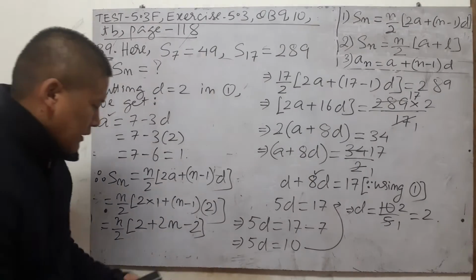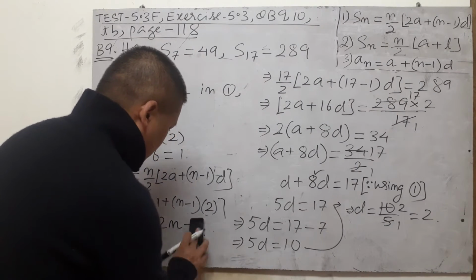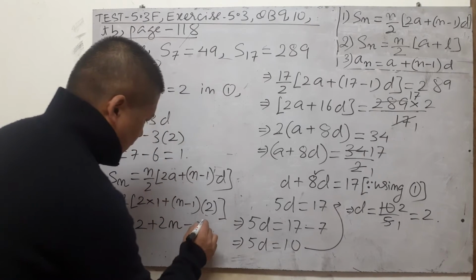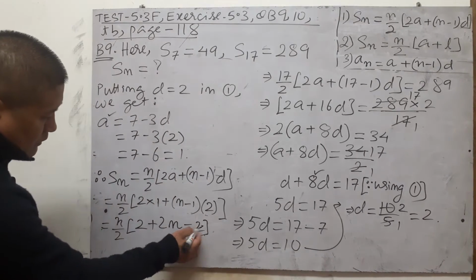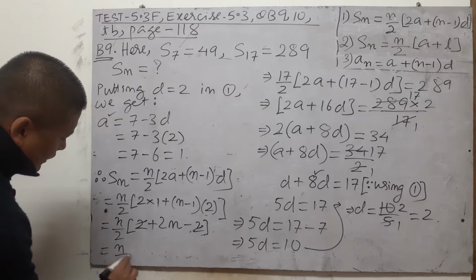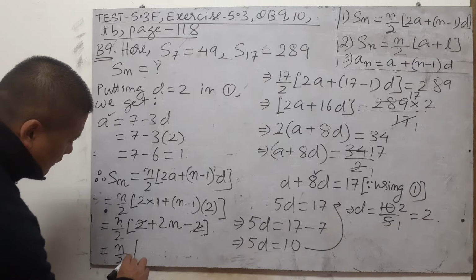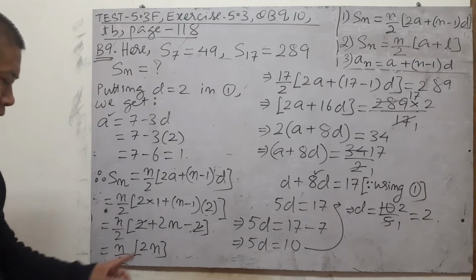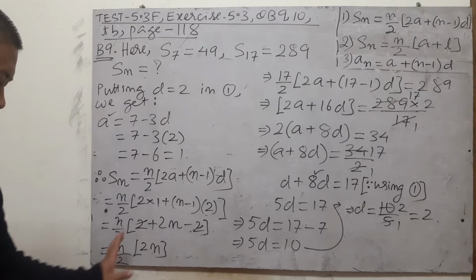That way we can clearly see now that here plus 2 and minus 2 becomes 0. So you're left with n by 2 into 2n. Plus 2 minus 2, 0.